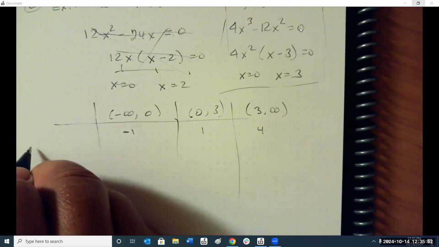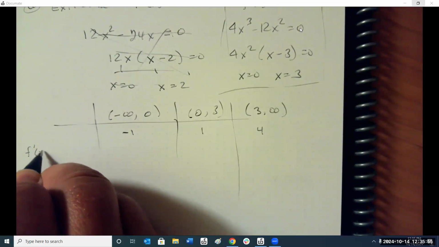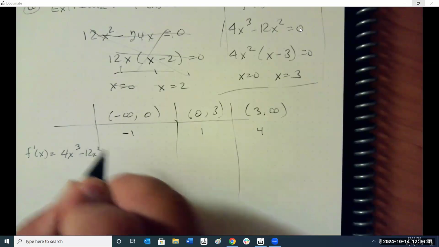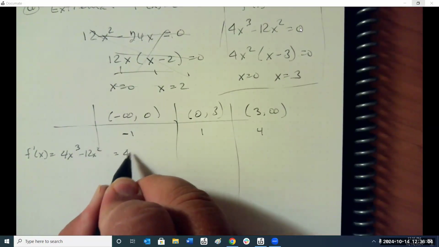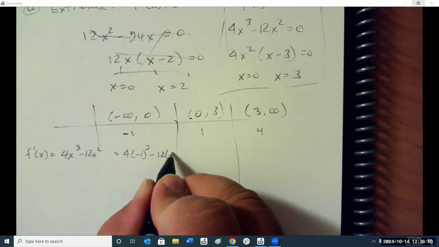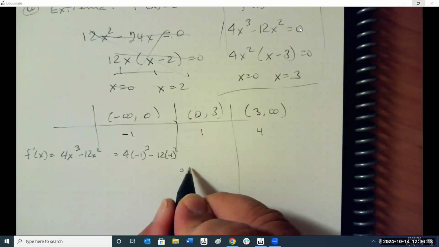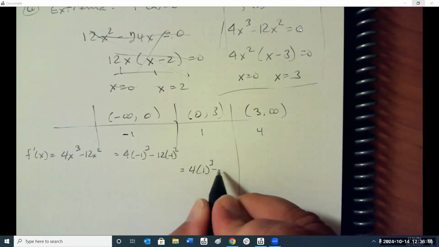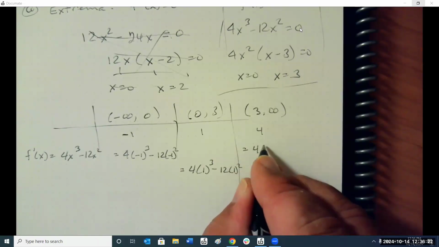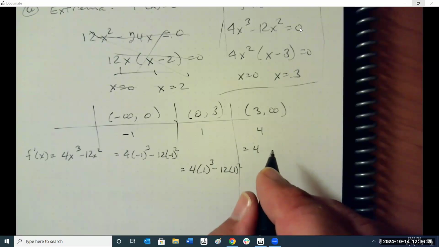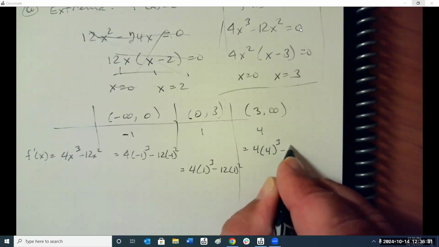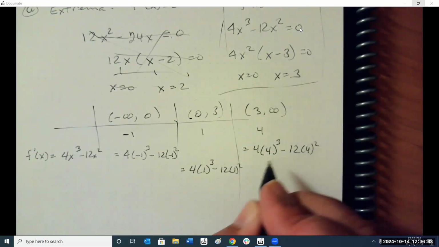Let's put those in the first derivative, which is 4x cubed minus 12x squared. 4 times negative 1 cubed minus 12 times negative 1 squared.